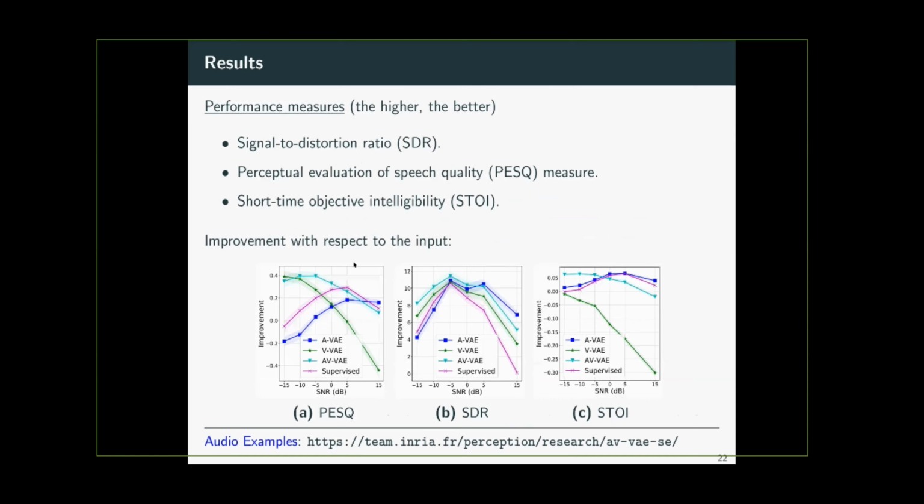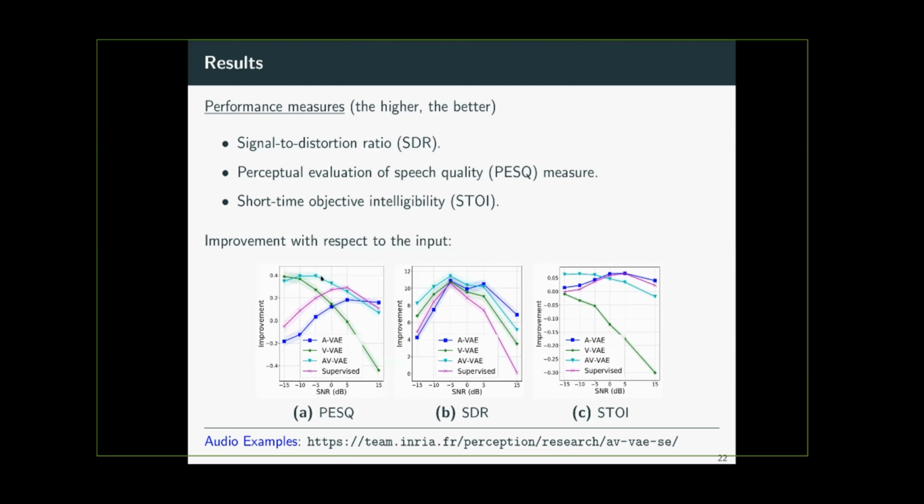And so we evaluated this with 3 different performance measures. The first one is objective, while the 2 other ones are subjective, and all of them are the higher the better. And what we should take a look at here is the turquoise curve, which is the proposed method.